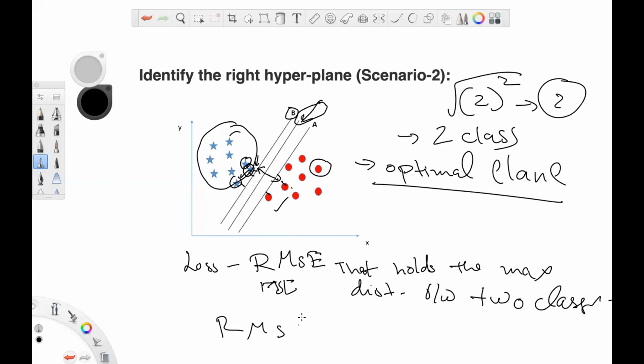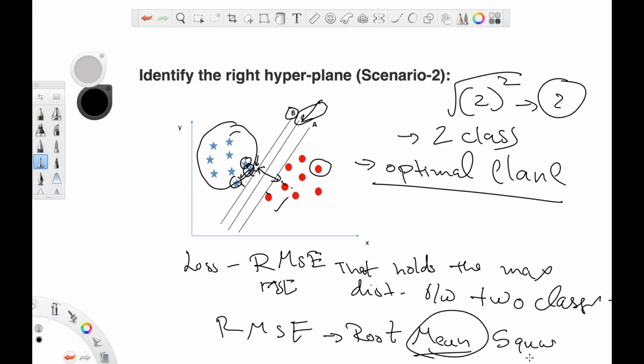So this is what RMSE does, as its name suggests: root, mean, square. In the mean you sum up all the points and then divide by the total number of points, then squared. So this square is cancelled out by this root. So basically you will have the mean, which will be the average distance of the points to this hyperplane.